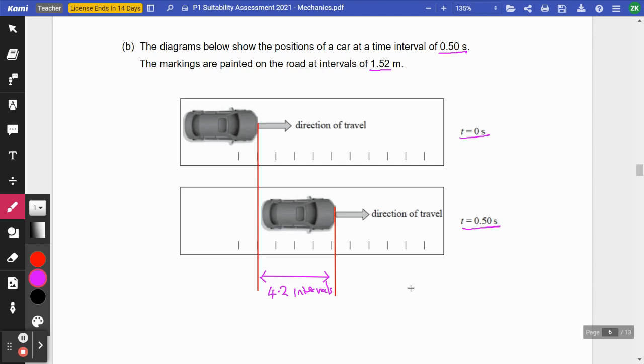We've got an approximation to make here. So 1, 2, 3, 4 intervals. A little bit more, there's the approximation, about 0.2, I would say. So 4.2 intervals, that's 1.52 meters each. And the car took 0.5 seconds to go from here to here, because that's the snapshot at the beginning, that's the snapshot after 0.5 seconds.